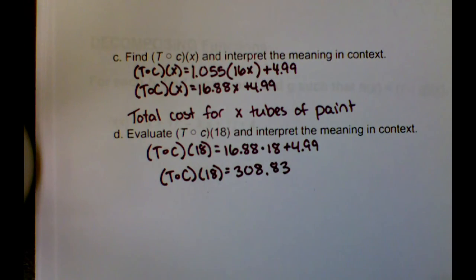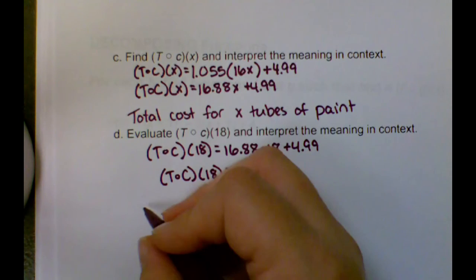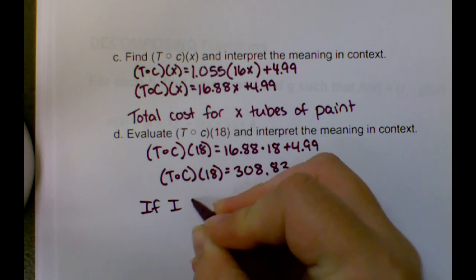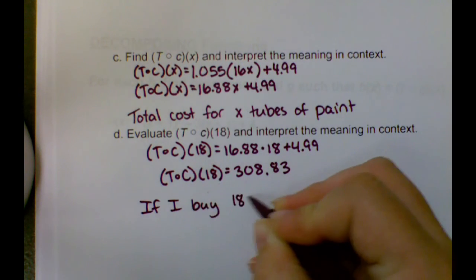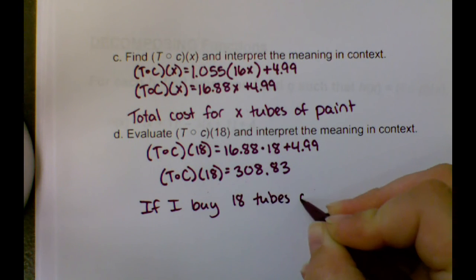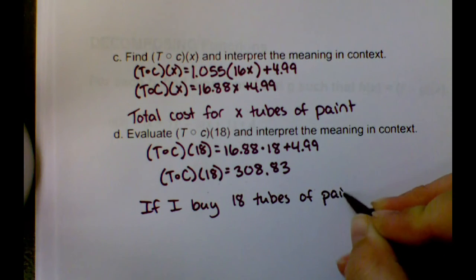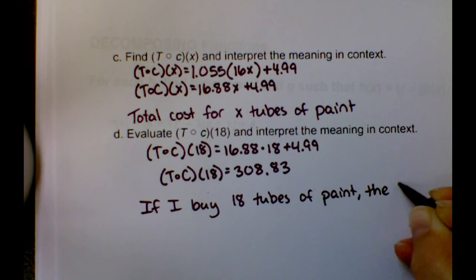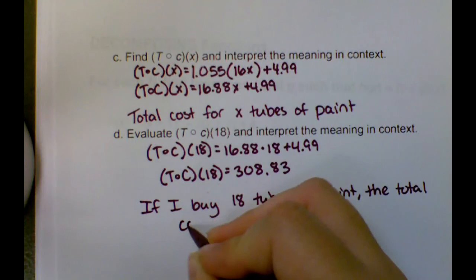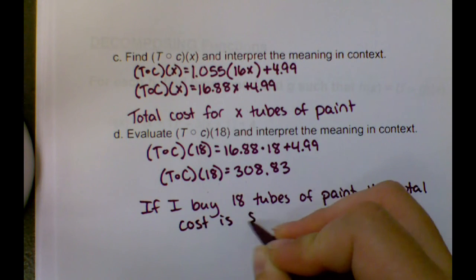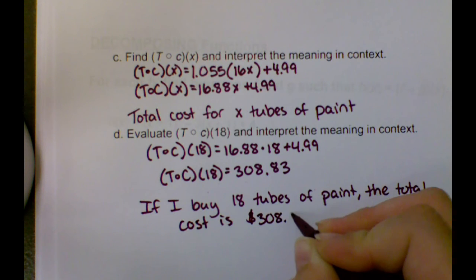So interpreting the meaning is that if I buy 18 tubes of paint, the total cost is $308.83.